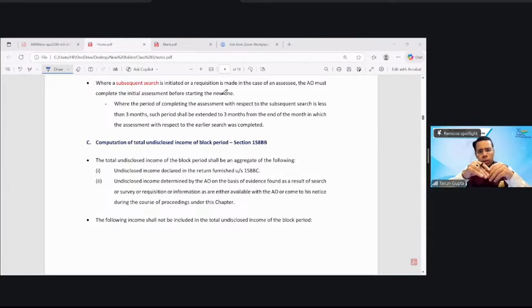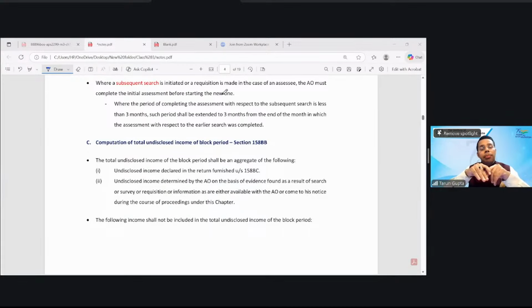Then we discussed the meaning of undisclosed income. Understood? Then we discussed that when the search happens, the AO issues a notice asking the assessee to furnish the return of income for the block period. Now Sanjay ji is asking what is the purpose of filing the ITR again? So see, the situation has changed.